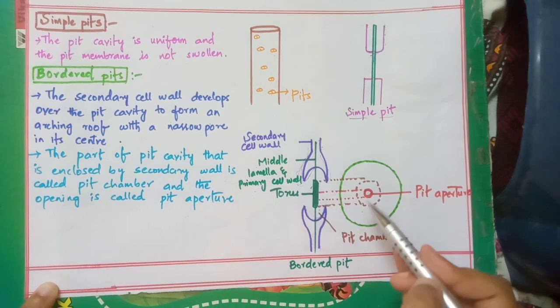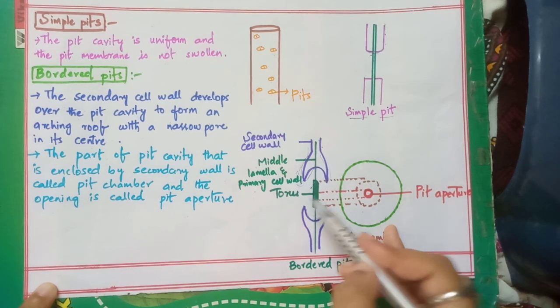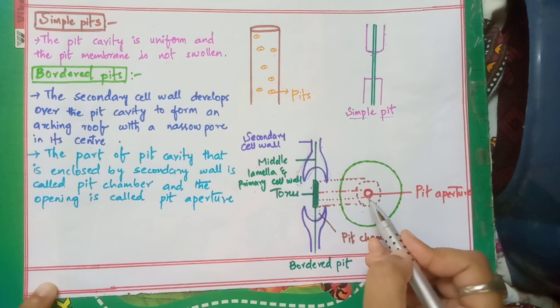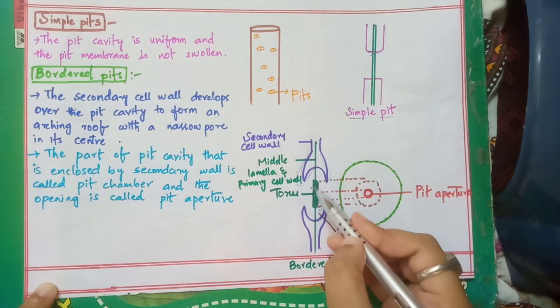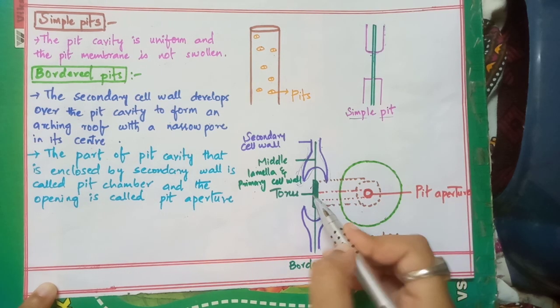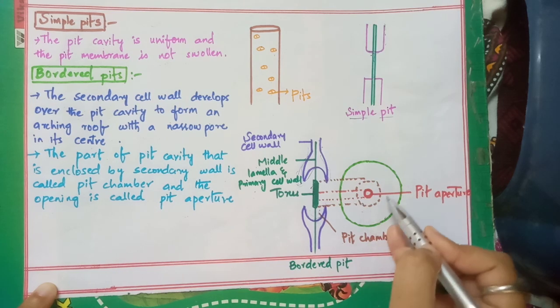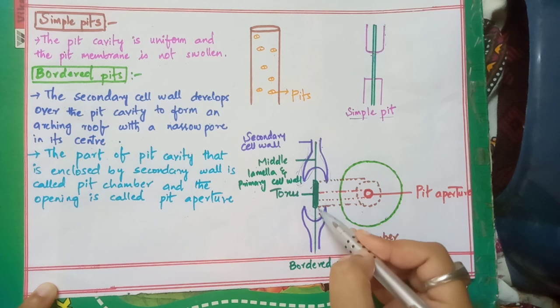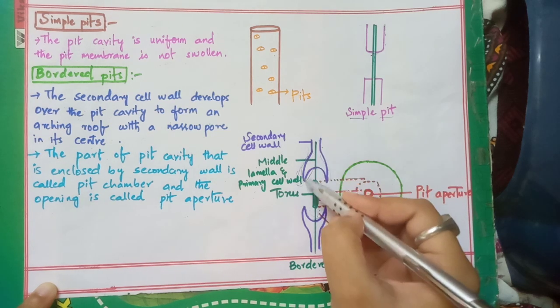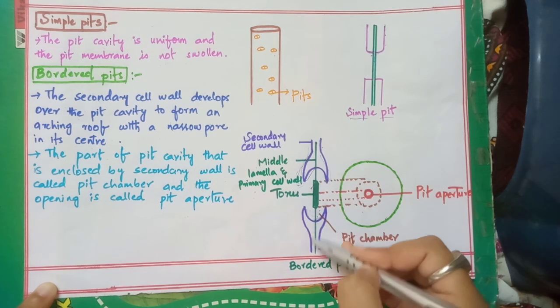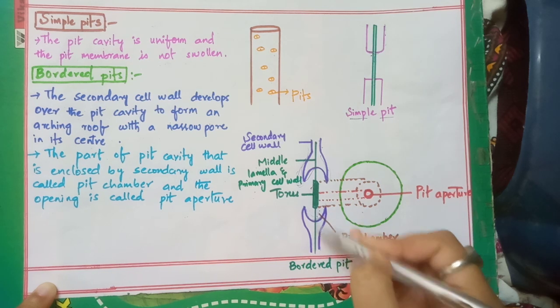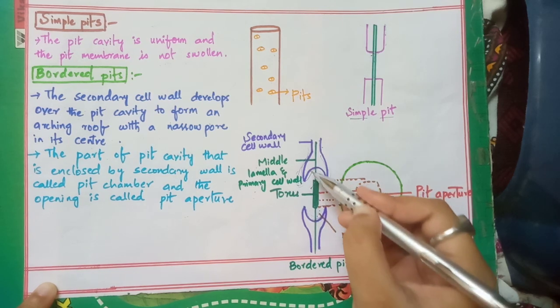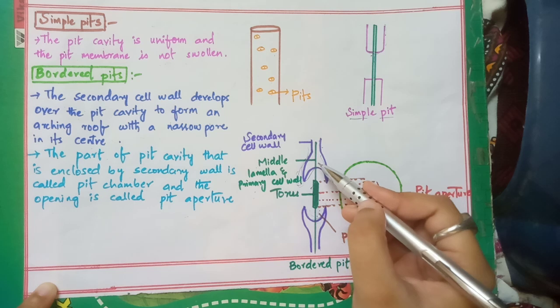If we observe this under the electron microscope, the structure will be like this. This is the pit aperture, and the pit membrane is very thick at the middle, known as the torus. This is the pit membrane, which is made up of the primary cell wall and middle lamella, and the bordered structures forming the roof or enclosing this particular pit membrane are the secondary cell wall.